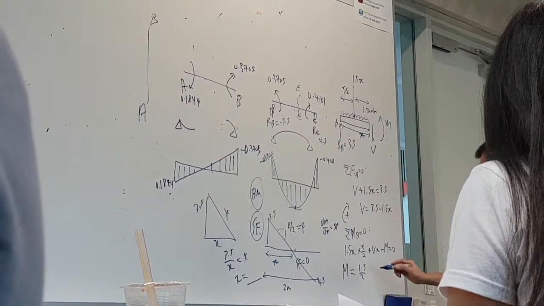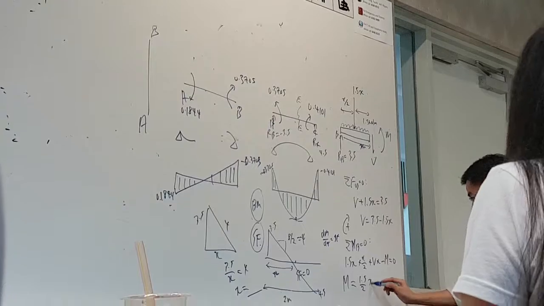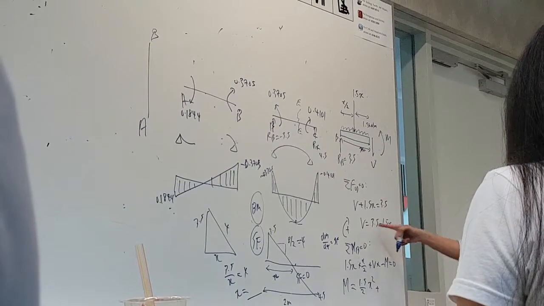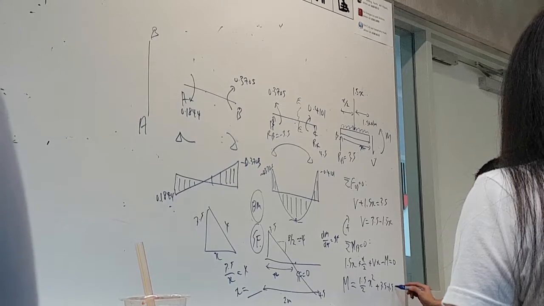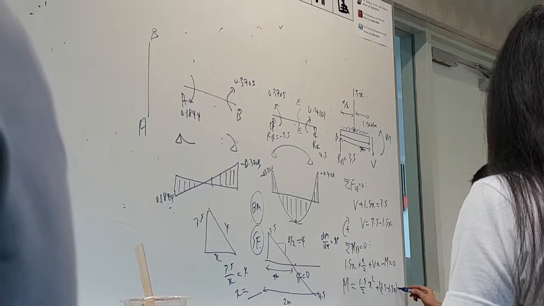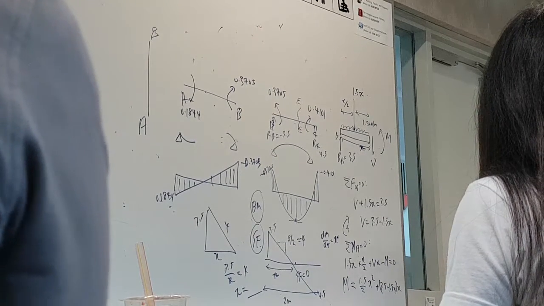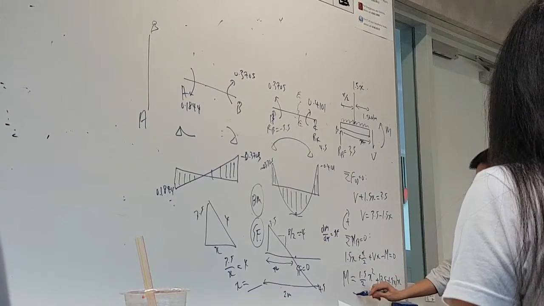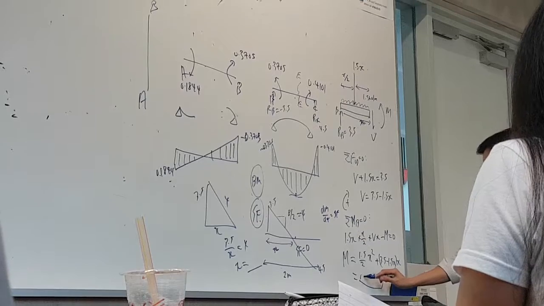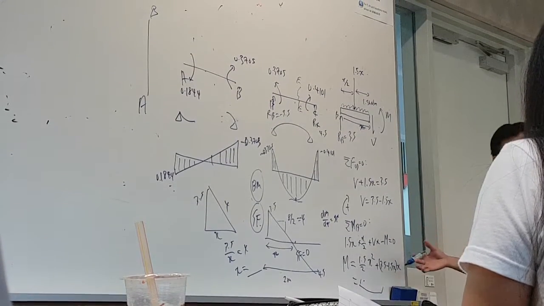If you rearrange, your M is equal to 0.75 x squared plus, what is your V? Your V is 3.5 minus 1.5x, multiplied by x. You are able to expand this out to get the equation in terms of x squared and x.